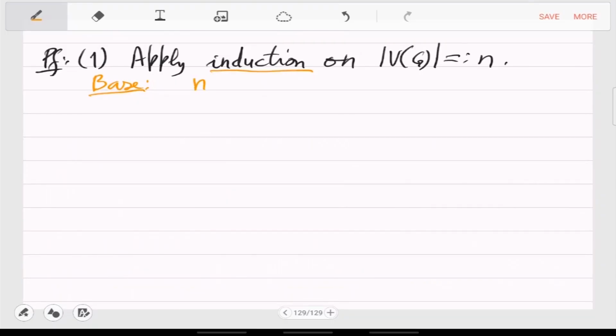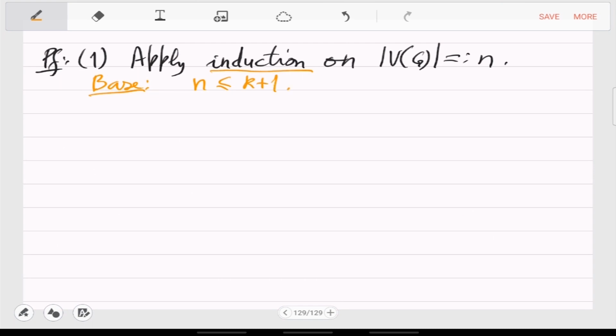Well, the base case is if you have only k plus 1 vertices, then clearly the result is true, right? If you have k plus 1 vertices, then a vertex can have at most k neighbors, and you can just color every vertex differently. So this is trivially true. n less than or equal to k plus 1 is covered.